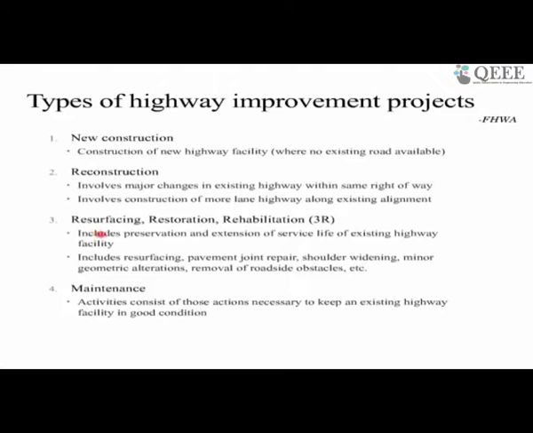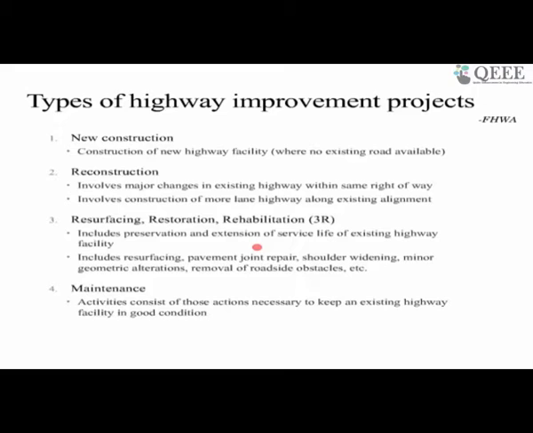Then the other types of improvement projects are resurfacing and restoration. So in the first two types of project, the design engineer plays a major role, because they need to say how this design needs to be done. Then comes the resurfacing, restoration and rehabilitation, and in this type of project, basically we need to look into how the project needs to be restored, and whether we need to do the resurfacing of that.